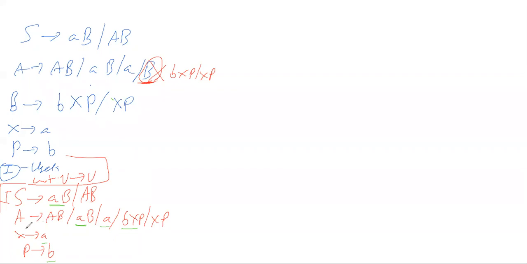What are the production rules? Whatever symbol you have on the left hand side, if the same thing is repeating in the first position in the production, see, A implies AB, so A and A is repeating. Those kinds of productions are known as left recursion. So if any left recursion exists, we have to remove those types of left recursions.